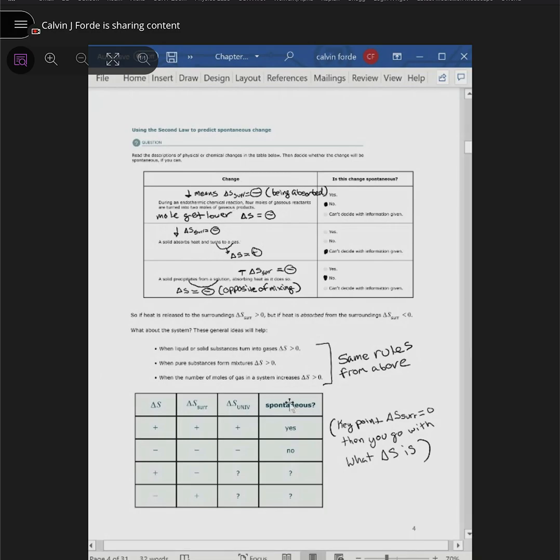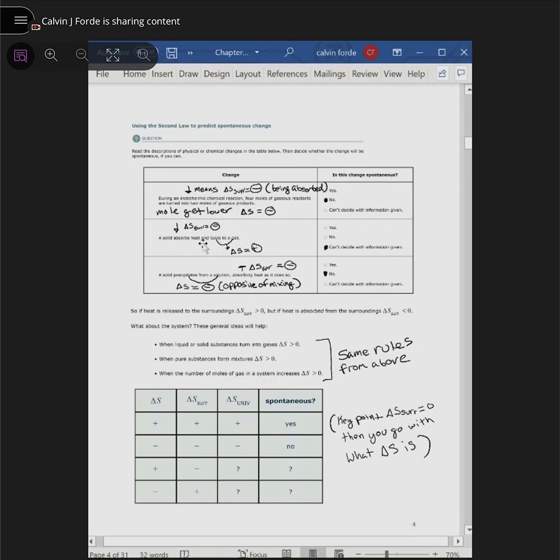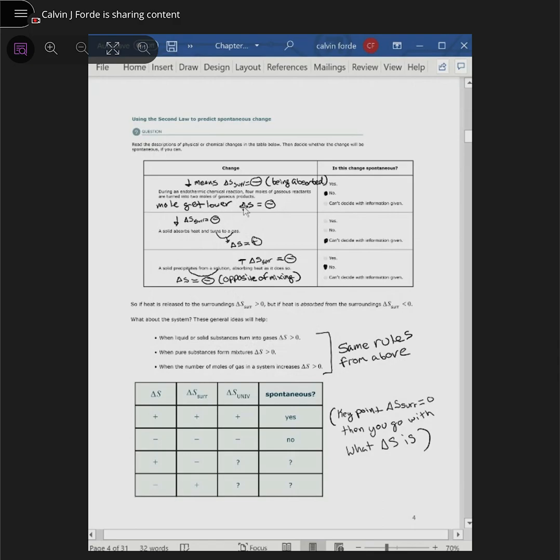These rules are going to be solely for delta S, what we kind of did before. So in terms of this, since we're going from 4 moles on the reactant to 2 moles on our product, we're going from bigger moles to smaller moles, which means negative delta S, right? So delta S is negative. Now the next thing we need to know is what's happening to the surroundings, right?